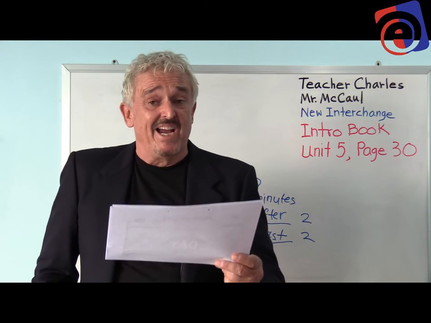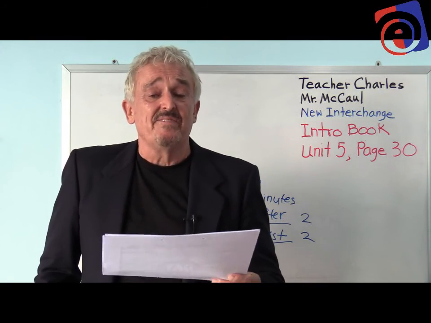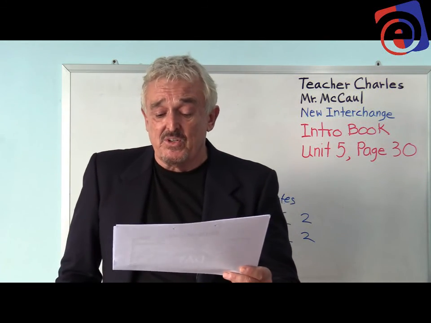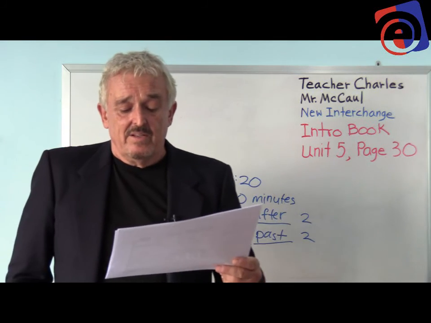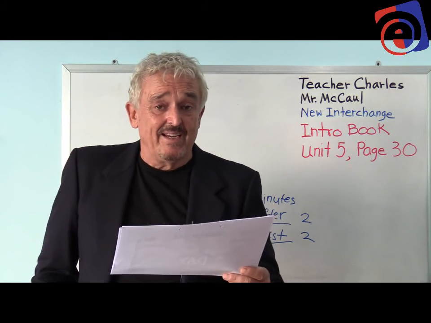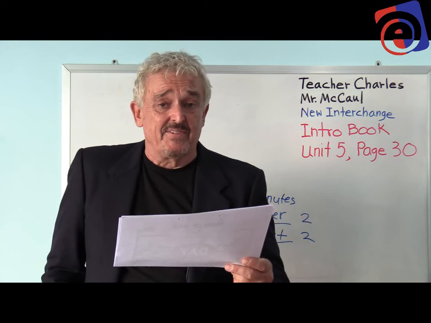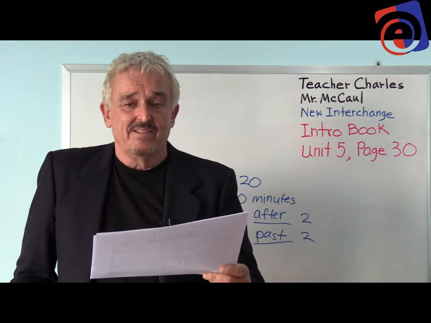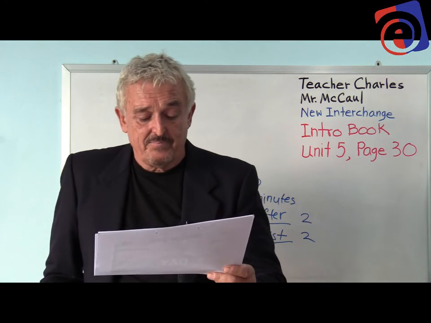You can say 5 past, or you can say 5 after. It's 5 after 1. It's 10 after 2. It's 15 after 3. It's 20 after 4. It's 25 after 5. It's 6:30.